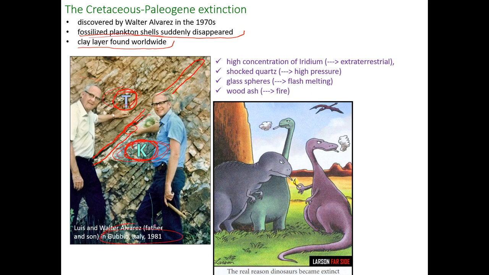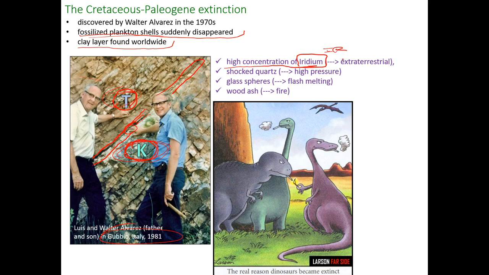This particular place they're looking at is Gubbio, Italy, 1981. But you find a lot of interesting things in this clay layer that exists globally, all over the world, and it separates the Cretaceous and the Tertiary. You find high concentrations of an element called iridium. IR is the elemental symbol.